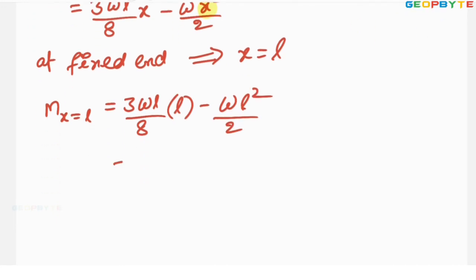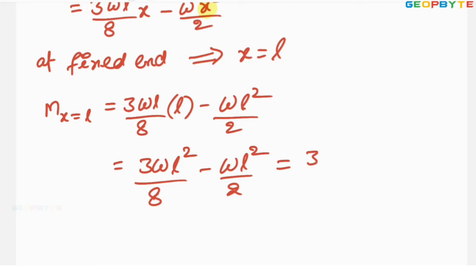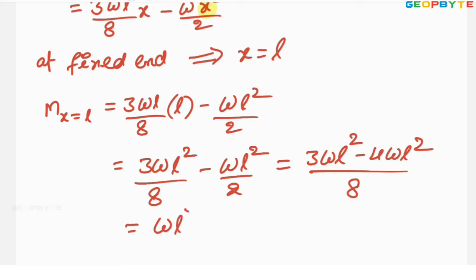Simplify this value. It is equal to 3WL square by 8 minus WL square by 2, which is 3WL square minus 4WL square divided by 8. It is equal to, of course with negative sign, minus WL square by 8.